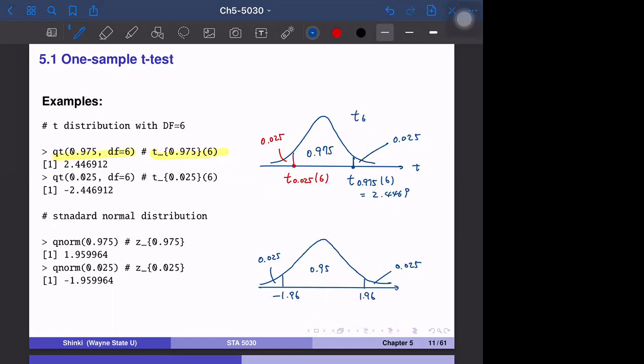So these are z sub 0.025 and z sub 0.975. You can see these values are actually smaller than the T case. The T distribution generally has larger quantiles if these probabilities are reasonably close to 0 or 1.